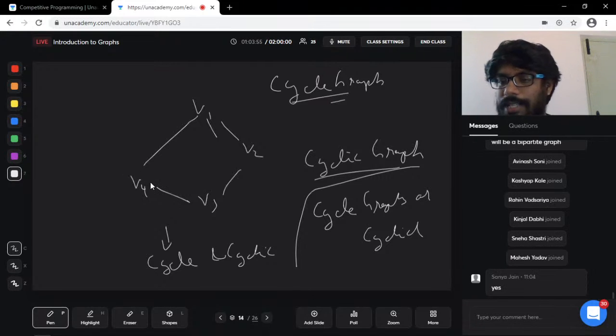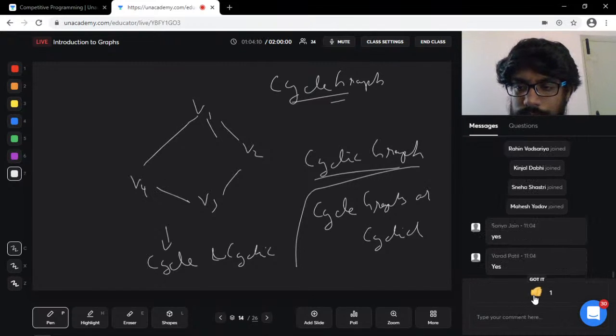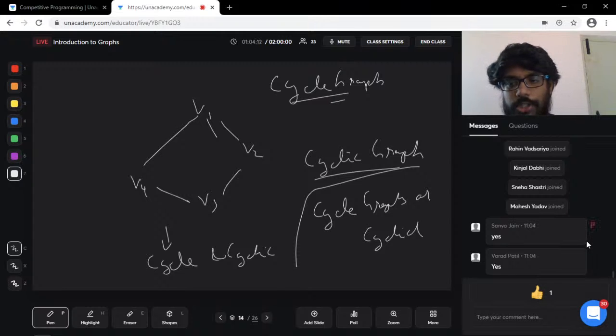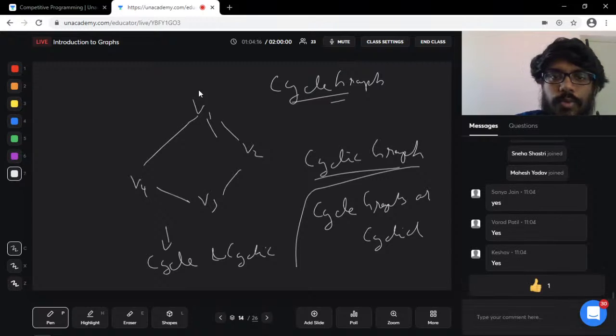Okay, Sanya says yes. What about the rest? Okay, Varad also thinks this is a bipartite graph. Okay, correct. So why is this a bipartite graph?